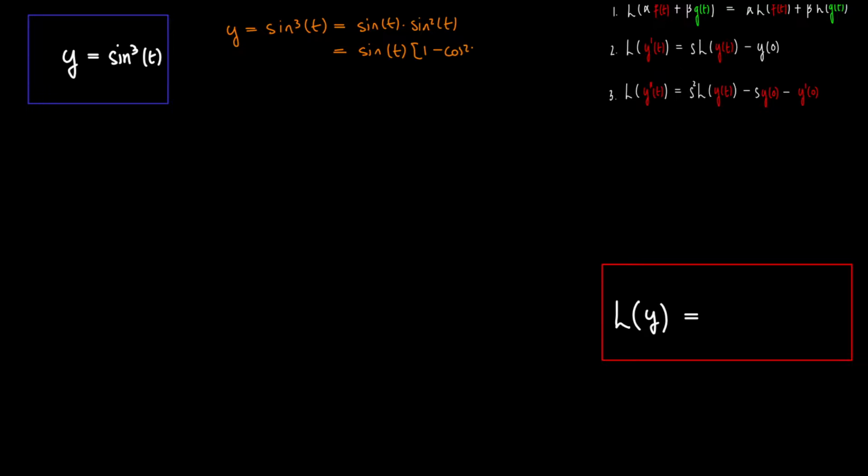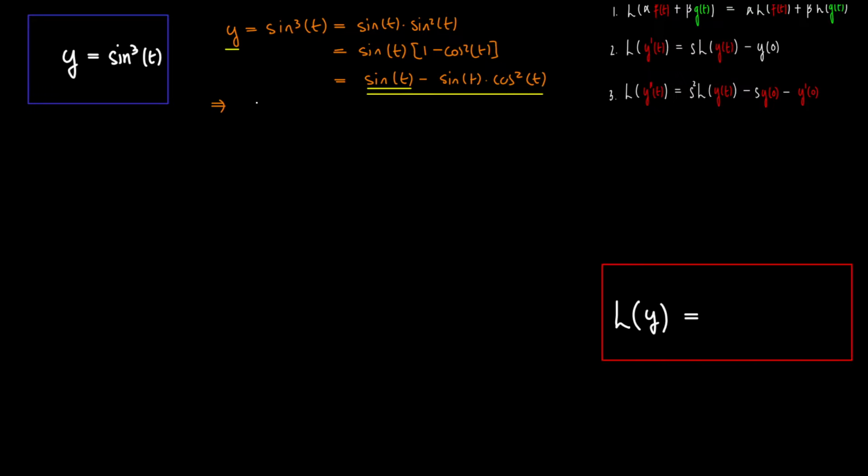Okay, so this is something we're going to keep in the back of our minds, because it's going to give us this important formula here. I have y is equal to this. So what I'm going to do is shift the sine t over, and then multiply by -1.